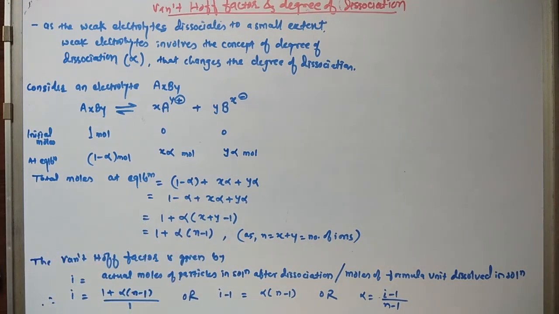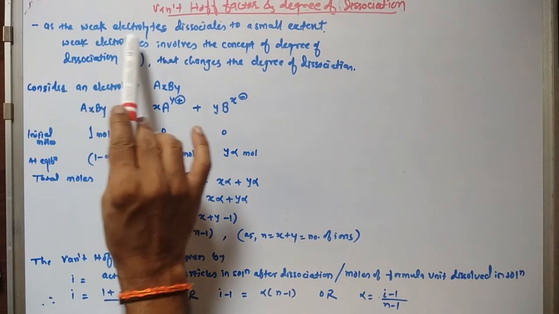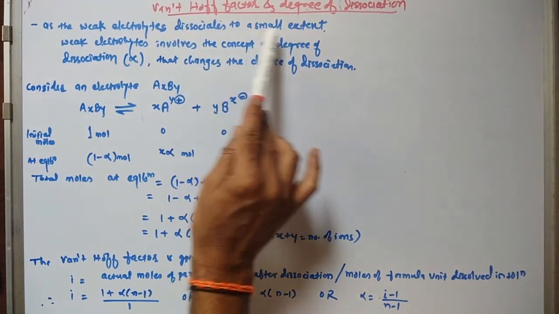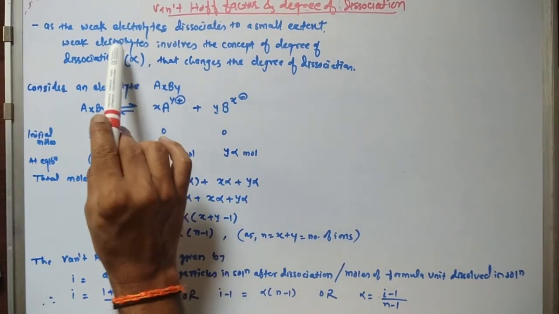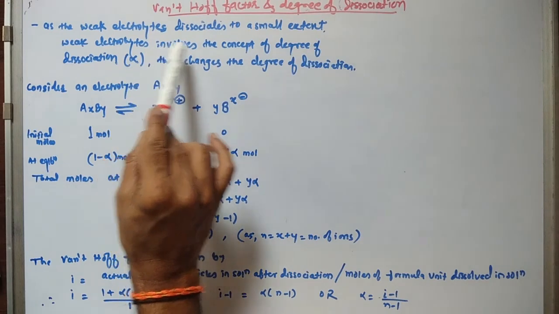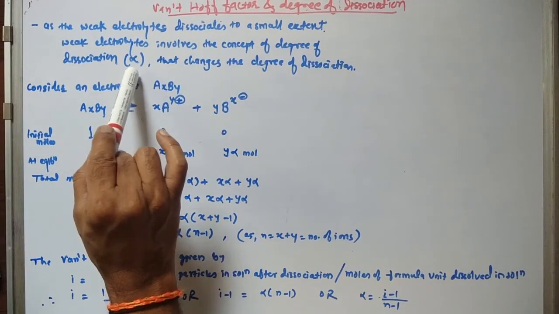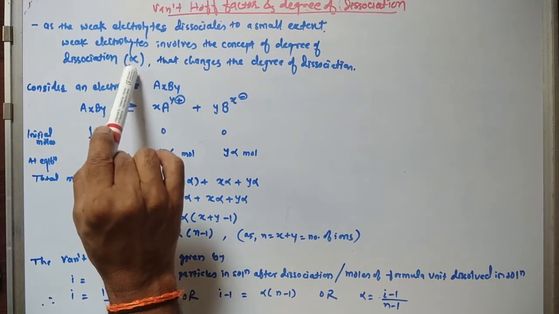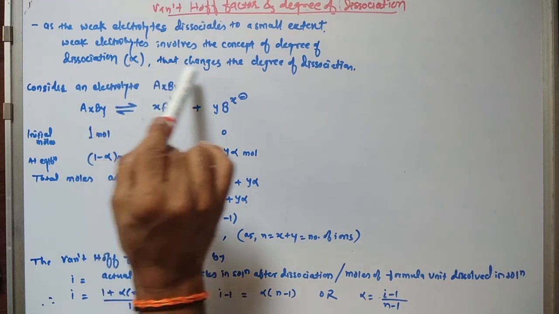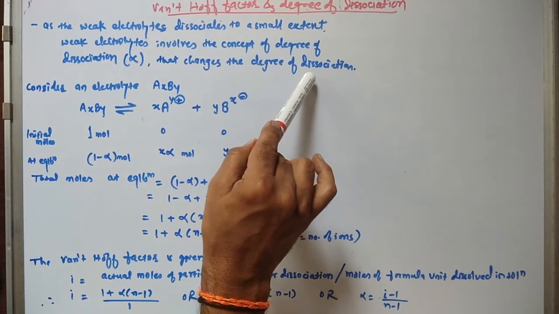These solutions are the weak electrolytes. That means the weak electrolytes dissociate to a small extent, and that's why the concept of degree of dissociation alpha is associated with the dissociation of the weak electrolytes. That changes the degree of dissociation.